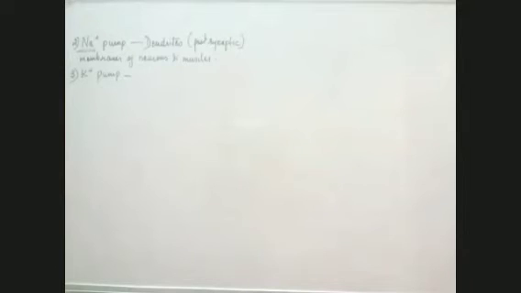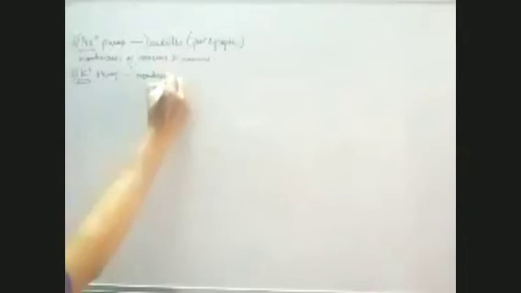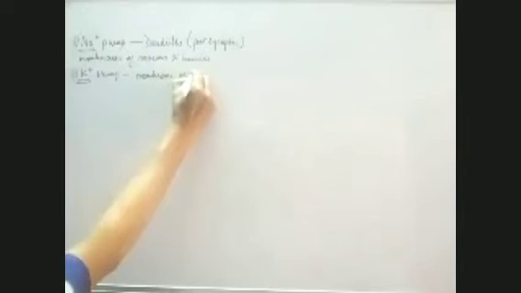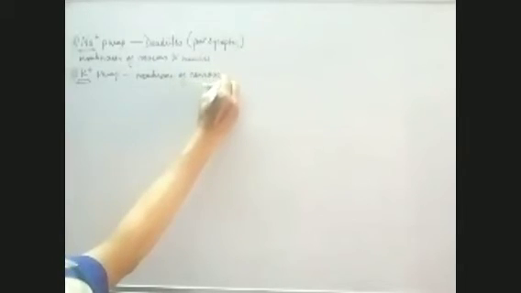When it is called the potassium pump, that means it helps in the transport of only potassium. Only potassium is transported along this pump, and this is found in the membranes of neurons and muscles.